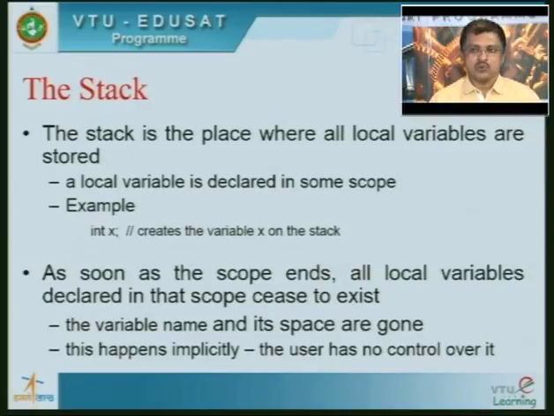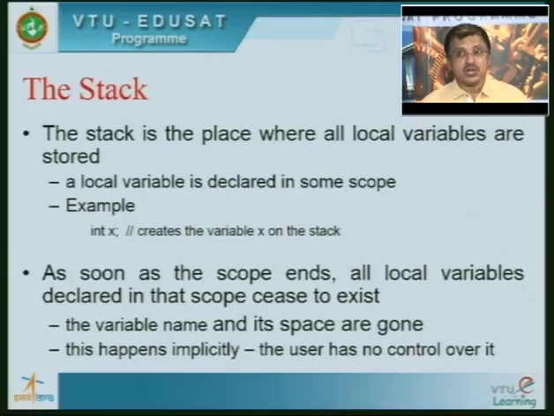As I said, when the function returns, the space on the stack that was allocated is taken back. The scope ends when a call is made to another function or when the function returns. All local variables in that scope cease to exist.